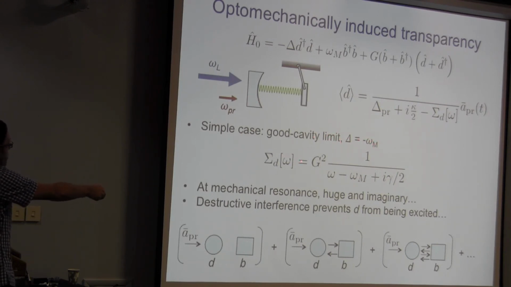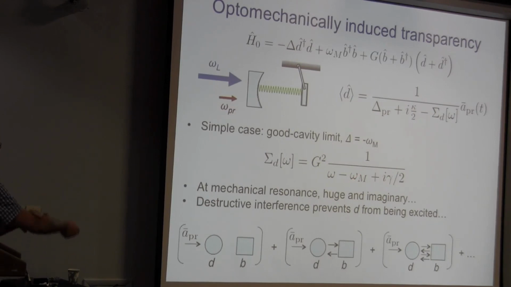And so this self-energy, this change in the susceptibility, again, it goes as second order in this coupling G. And then I just have this factor here. Omega_m is the mechanical resonance. Gamma is the damping rate of the mechanics. And so what do I have here? I have something that gets really, really big, right, when omega is equal to the mechanical resonance.